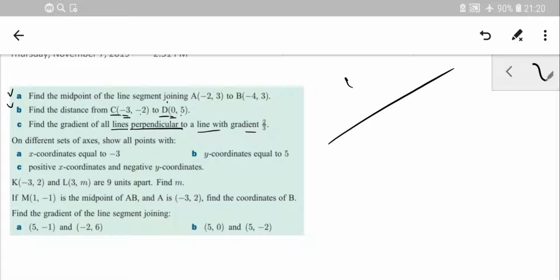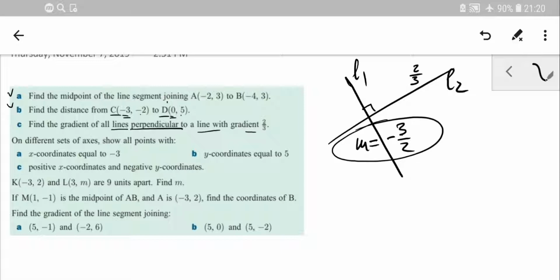One more time, the key property: if the gradient of line 2 is 2 over 3, then any line perpendicular to it has the following gradient. We flip 2 over 3 over, getting 3 over 2, and put a minus sign. So we're looking for all lines with a gradient of -3 over 2.